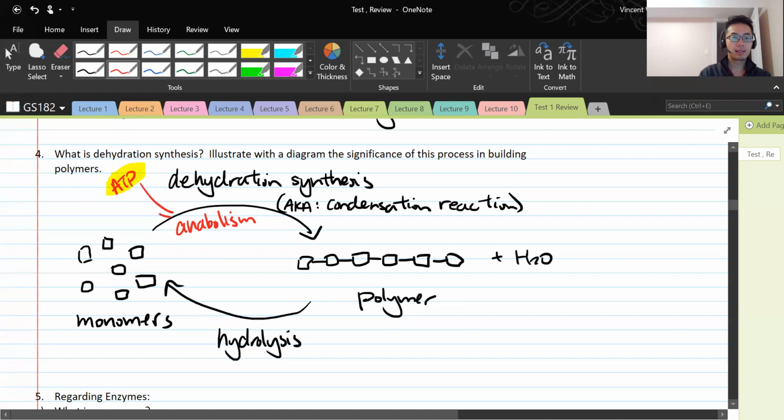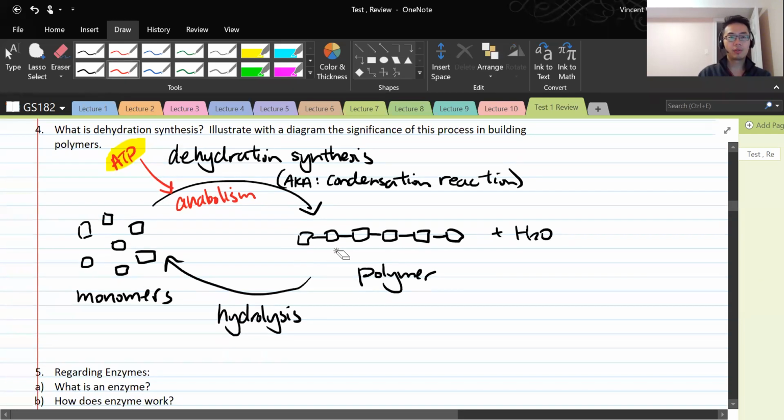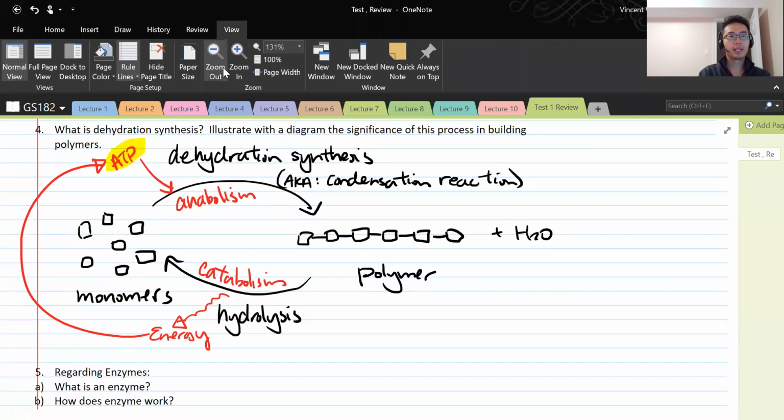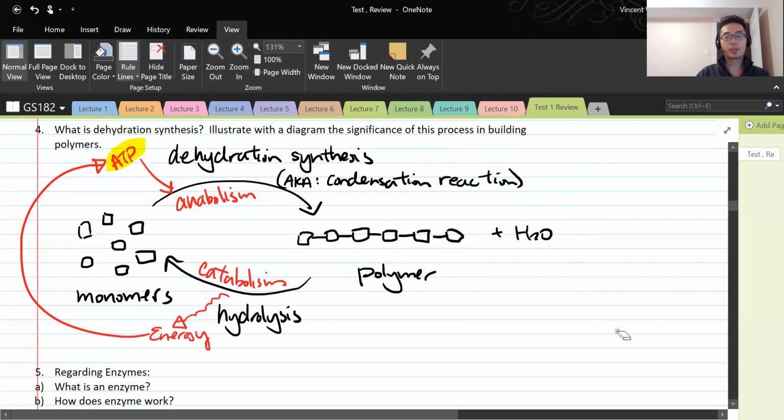And then over here, hydrolysis is part of your catabolism. It's going to release energy, which would then be captured and stored as ATP. Okay, that is that.